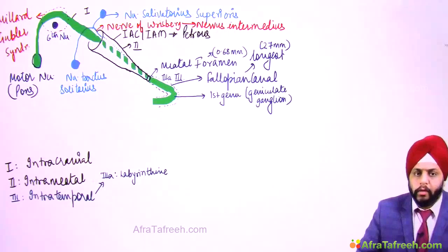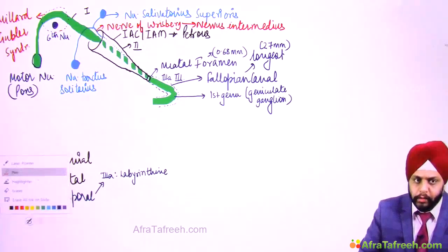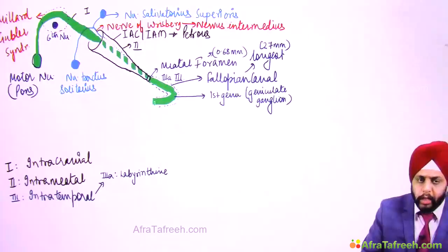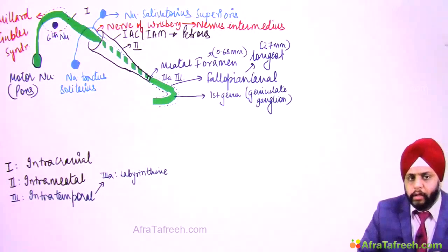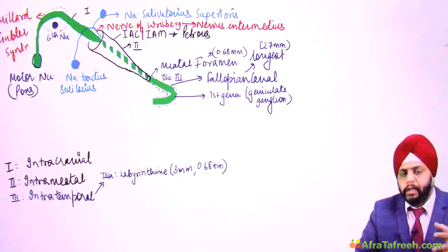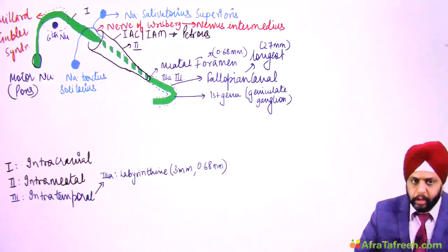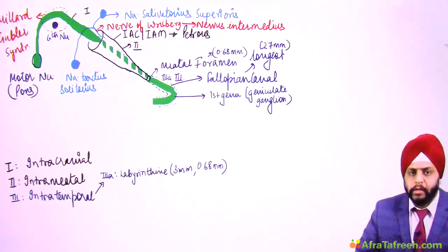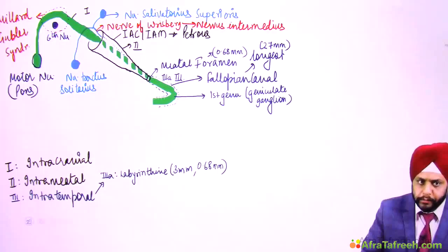Labyrinthine segment is the shortest and the narrowest segment of facial nerve. It is only 3 millimeters in length, and the diameter we have just discussed: 0.68 millimeter right at the start at the meatal foramen. So this is the labyrinthine segment, the shortest segment of facial nerve.